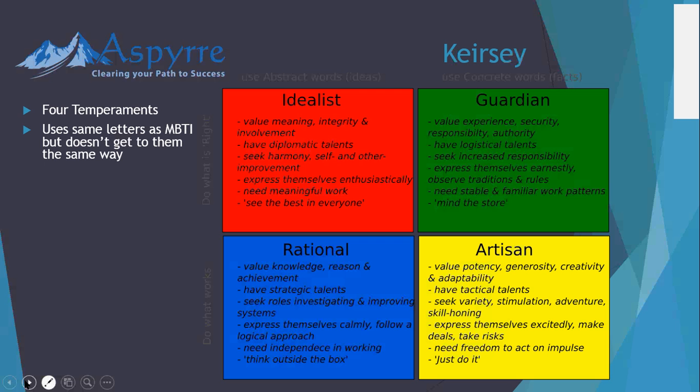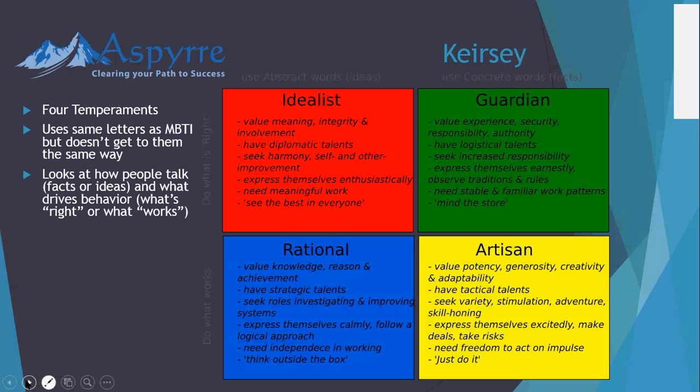Even though they use the same letters as the Myers-Briggs, they don't get to them the same way. Basically what they do is they look at you externally. Even though you're answering questions within yourself, they're only looking at how you talk and what drives your behavior. So there's only 2 dimensions here.